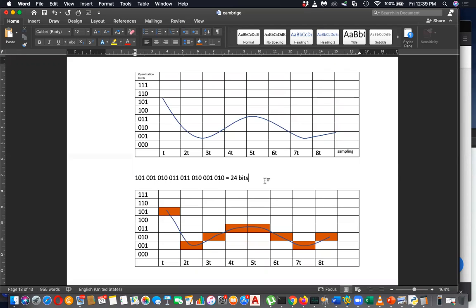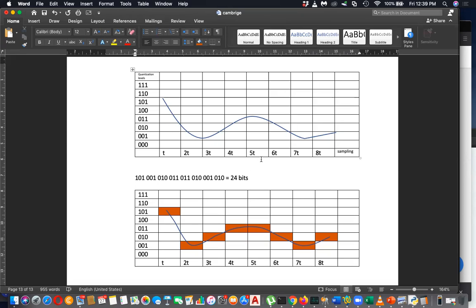So if you increase quantization by 1 bit and sampling by 2 times, what will happen? Sampling you double and quantization you increase by 1 bit. Then what will be the size? Doubling the samples will simply double the bits, no?